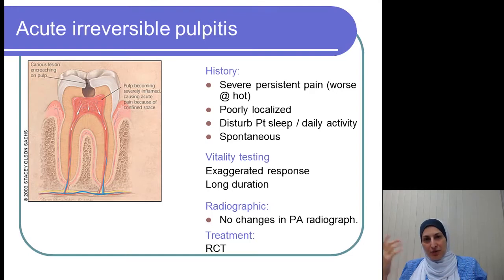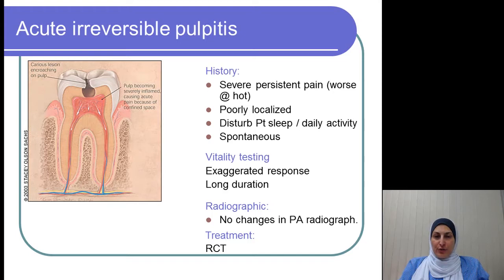So the patient would not be able to concentrate in the lectures, would not be able to do the homework, the things that he usually does. So it disturbs whatever activity you are doing. And if the inflammation subsided, you can go to sleep. So do not rely on the fact that it is disturbing your sleep. It disturbs whatever you are doing because the pain is so severe.